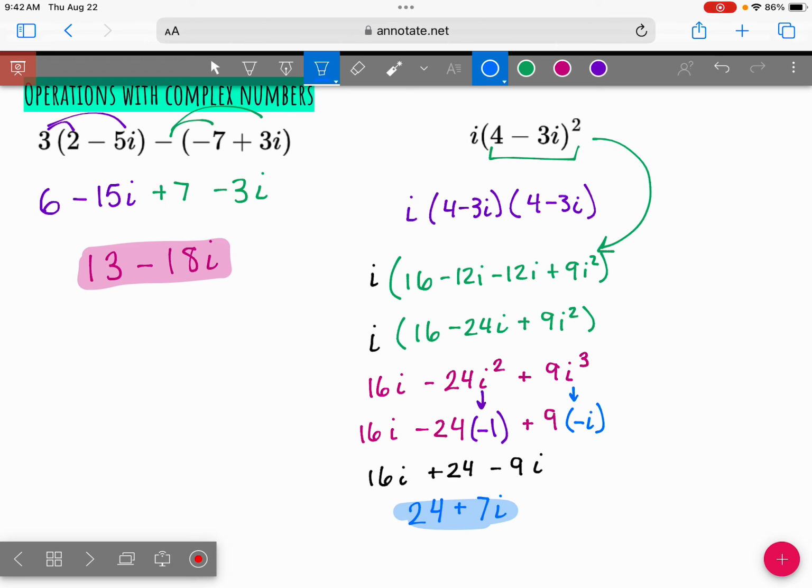Tyler. David. Alpha. Anthony. Aaron. Elena.